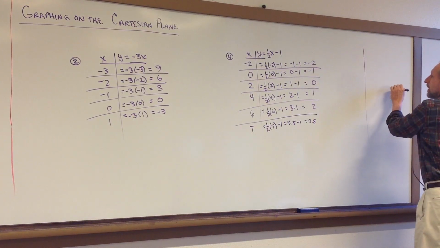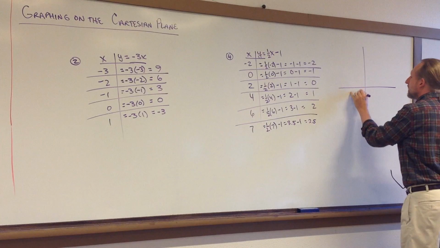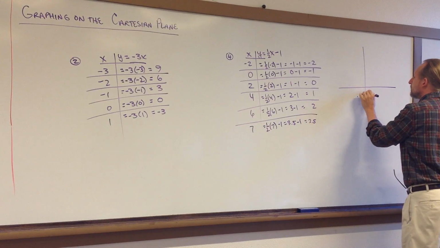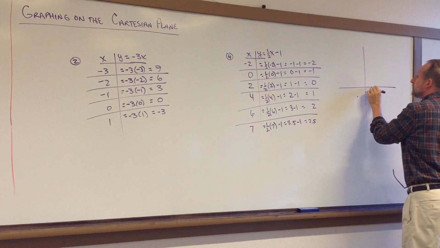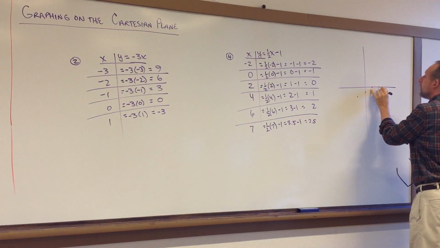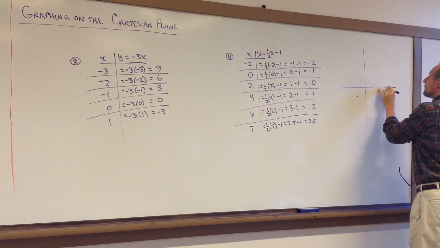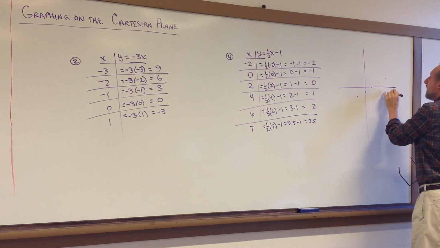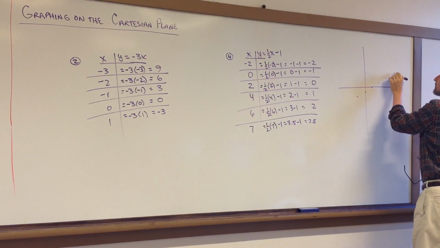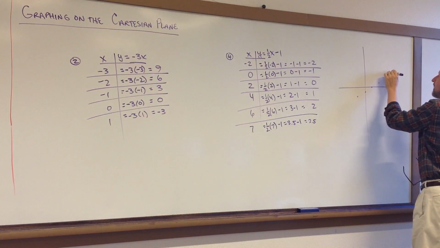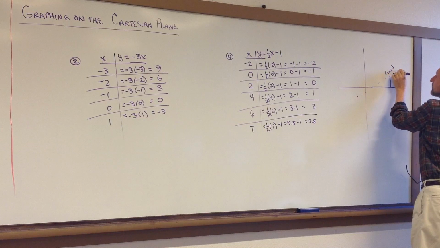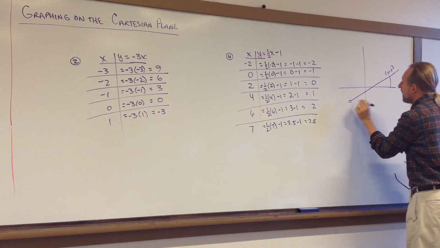If we go and plot this, let's see. Negative 2, negative 2; 0, negative 1; 2, 0; 4, 1; 6, 2. And then the 8 would give us 3, and so that 7 and 2.5 is still on there. There's nothing wrong with the fractional value.